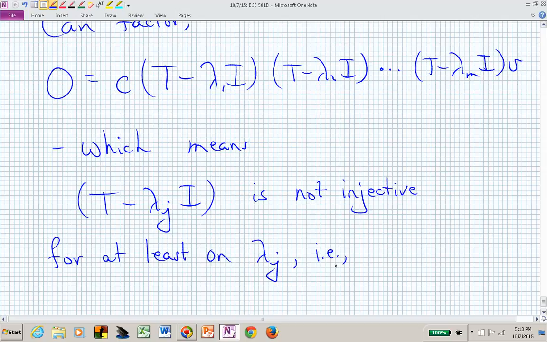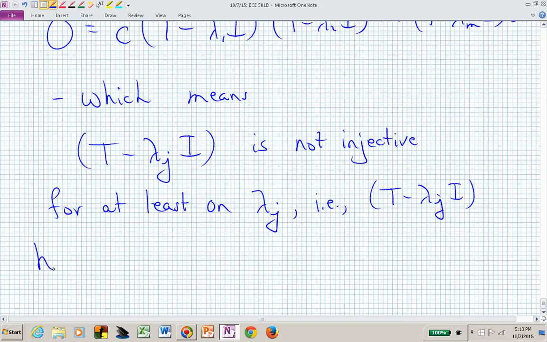Or another way of saying that, t minus lambda sub j I has a non-trivial null space.